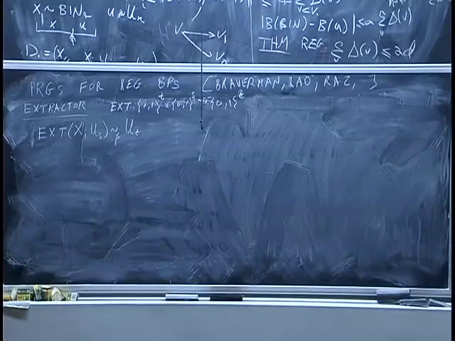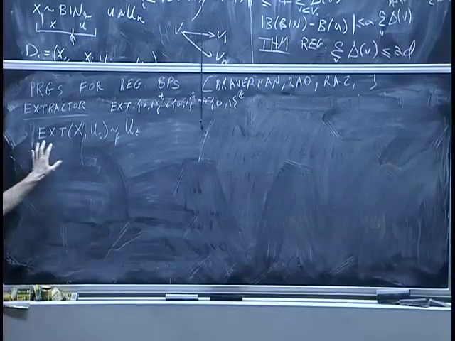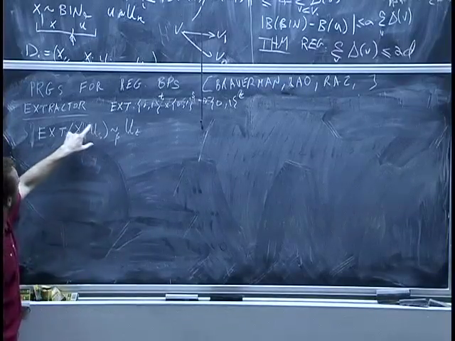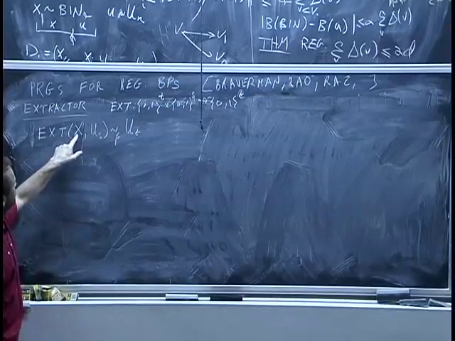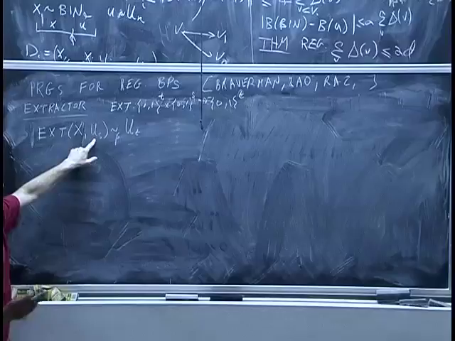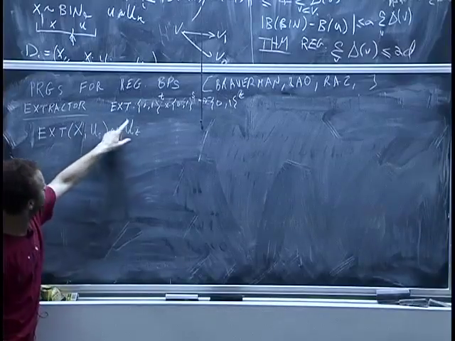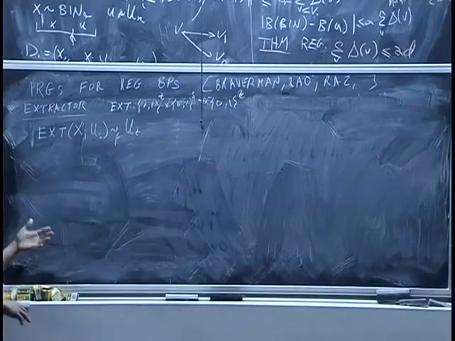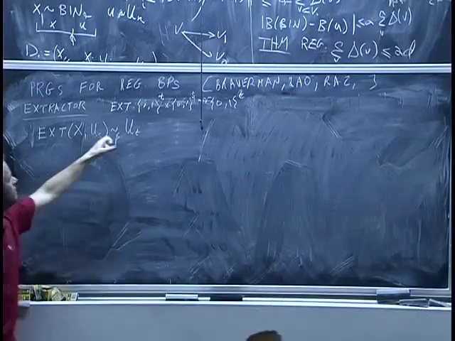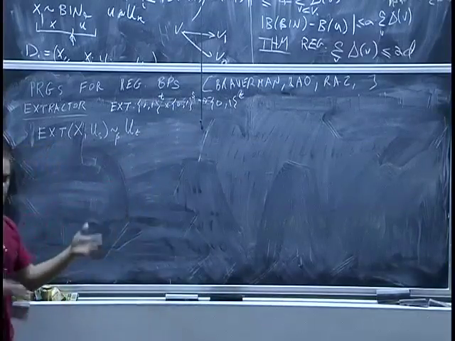Before the parameters, the distribution of this random variable, x will be a random variable on t bits, and this is a uniform distribution, then this will be close to uniform. And now there is a trade-off between the min-entropy of this random variable and the seed length.